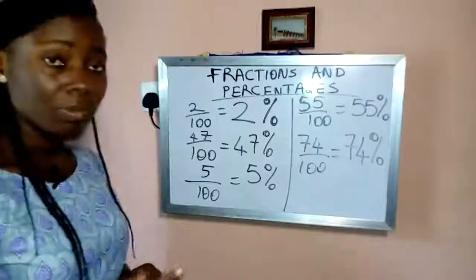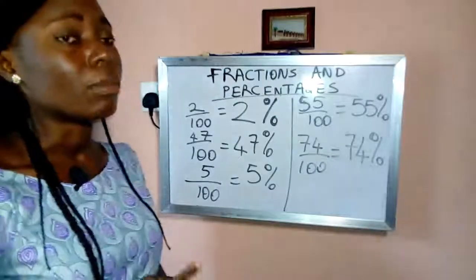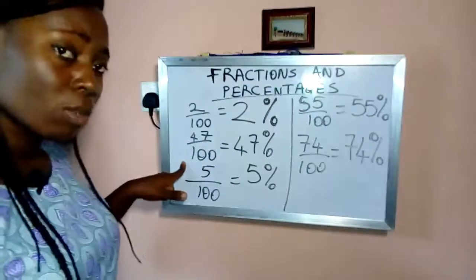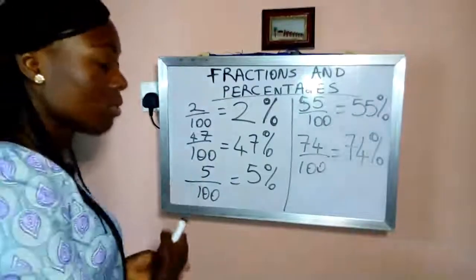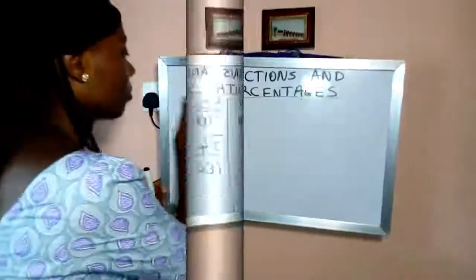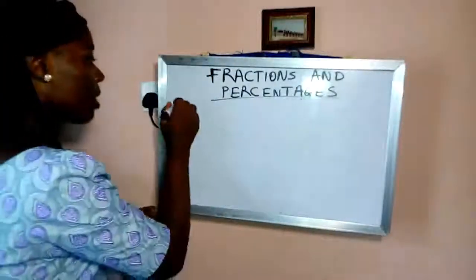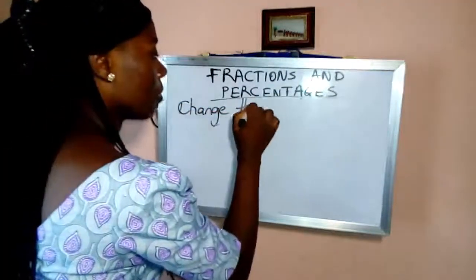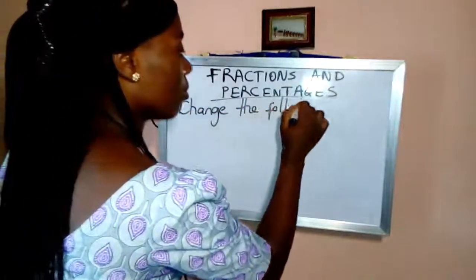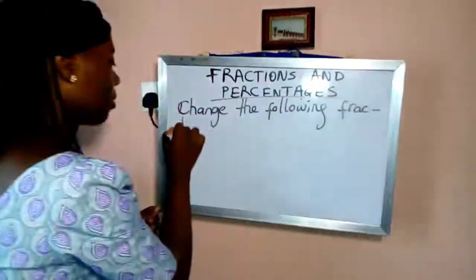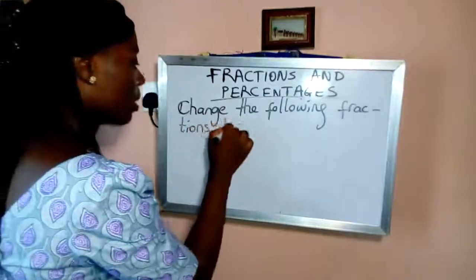Okay, now let's look at numbers that do not have 100 as their denominator, and we are asked to change this fraction to a percentage. Now your question, for example, says change the following fractions to percentages.